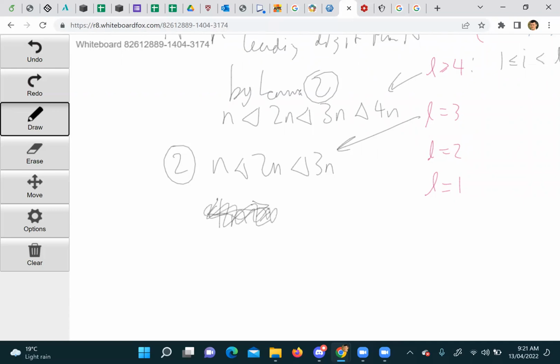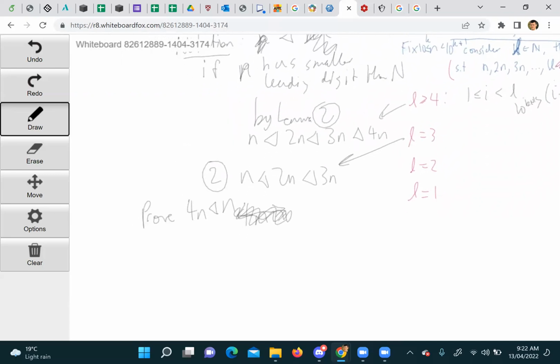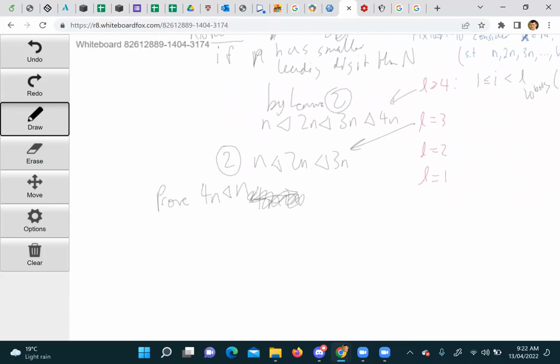Okay, and I want to prove that actually 4n is below the chain. So how would you prove this? Well, for 4n to get outside the chain, it has to be bigger than or equal to 10 to the k plus 1, right?